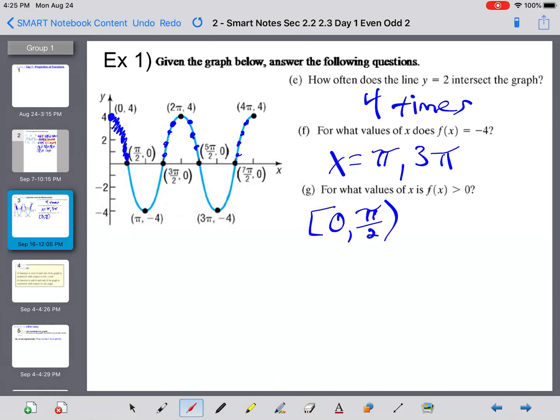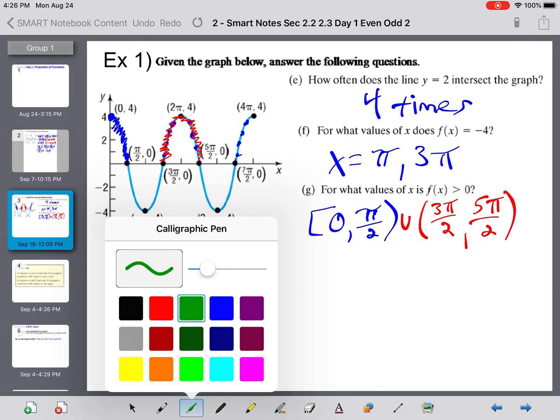Okay? Second interval here, I'll shade it, kind of color code it. Every point there on that little piece of the upside down parabola has a y value greater than 0, so we're going to union that with everything from 3 pi over 2 to 5 pi over 2. Now again, these are not points. This is interval notation.